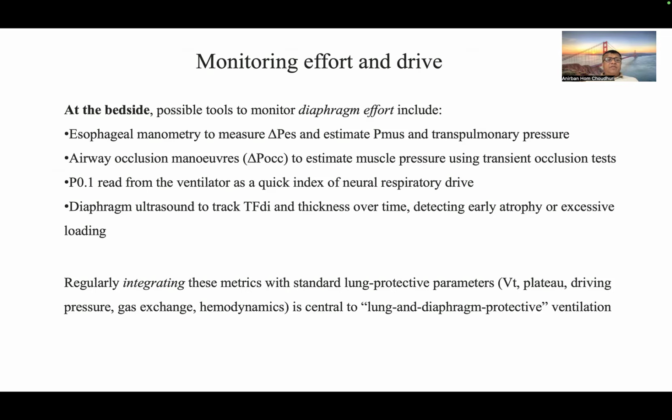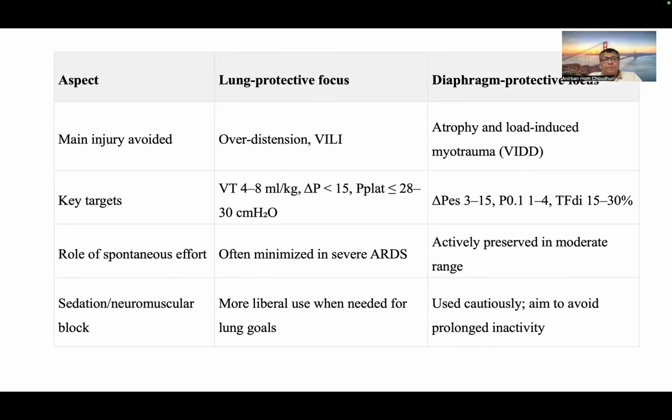And of course, the diaphragm ultrasound to track the thickness over time, fractional thickness over time, and detecting early atrophy or excessive loading. So regularly integrate these metrics with standard lung protective parameters like tidal volume, plateau pressures, driving pressure, gas exchange, hemodynamics. This is central to the combined lung and diaphragm protective ventilation.